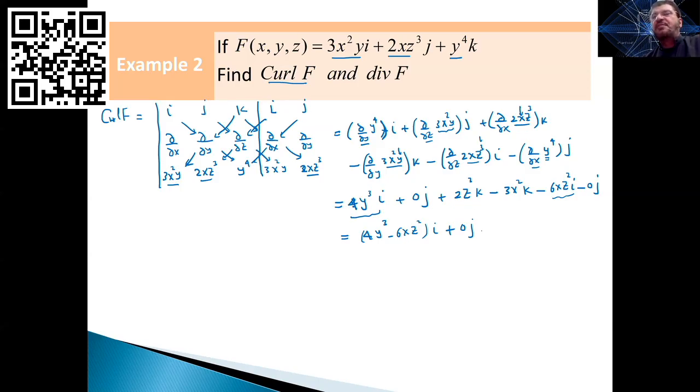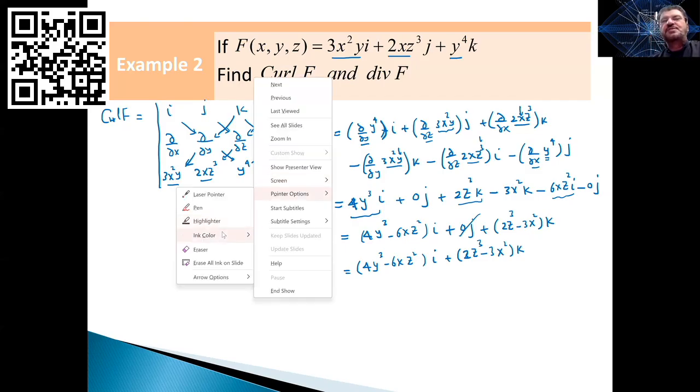Then finally, plus 2z cubed minus 3x squared k. So we have 4y cubed minus 6xz squared i plus 2z cubed minus 3x squared k. This is the curl of f.